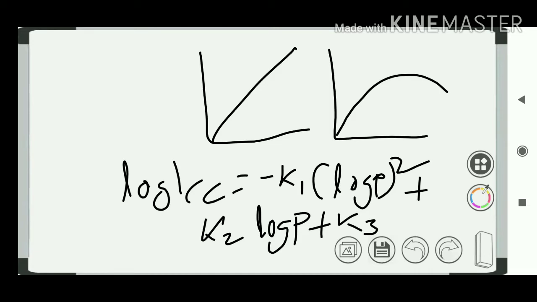Okay, so if you see the overall logarithmic equation, the partition abbreviation P is defined by its concentration in both phases.